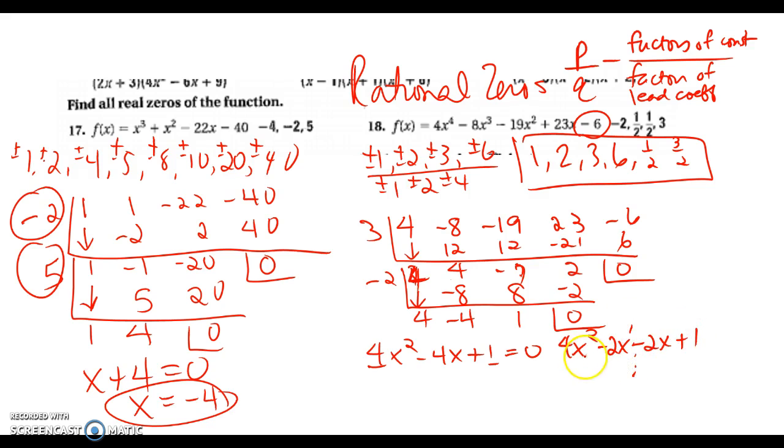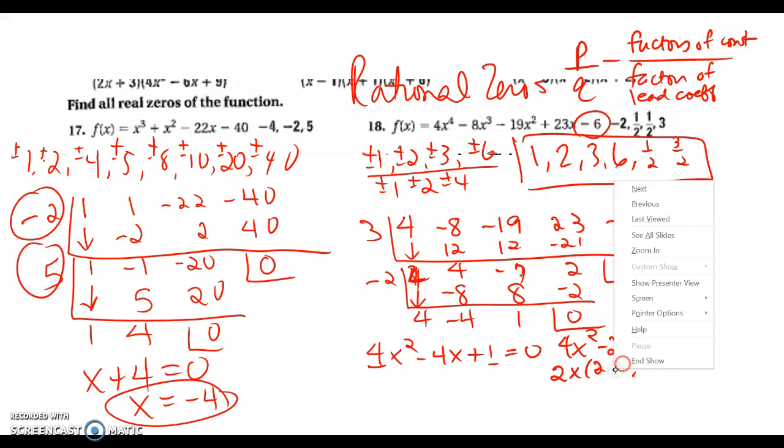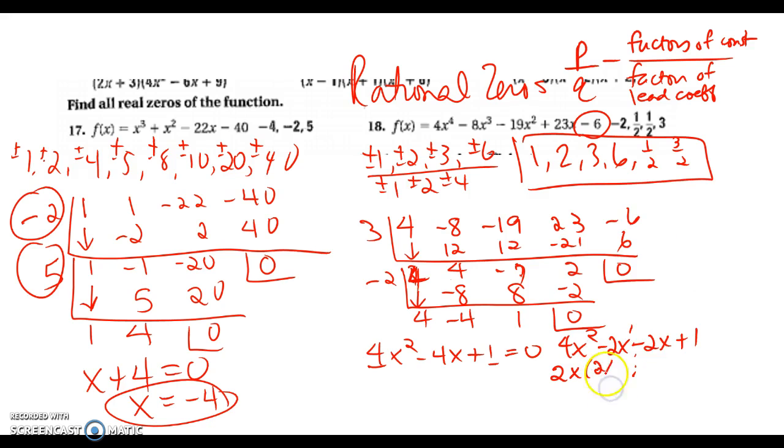Factor by grouping. Take out a 2x, I'm left with 2x minus 1. Come over here, take out a -1, excuse me, and then this will be 2x minus 1.